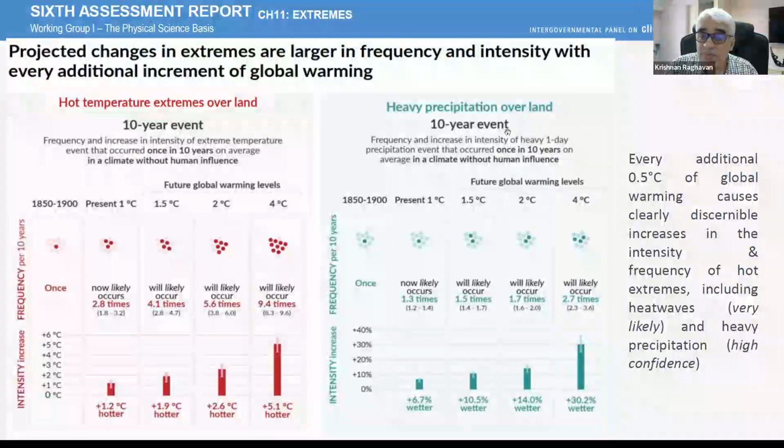Likewise, heavy precipitation over land is also projected to increase with every additional warming. What was happening once in the pre-industrial time is now happening about 1.3 times more frequently, and the intensity has also increased. And with further warming levels, heavy precipitation over land is projected to increase. But this is on a global scale.